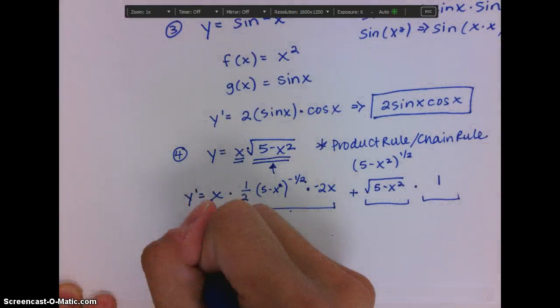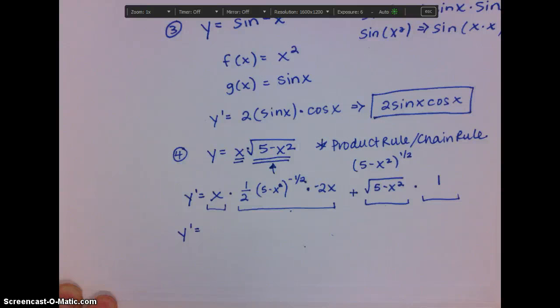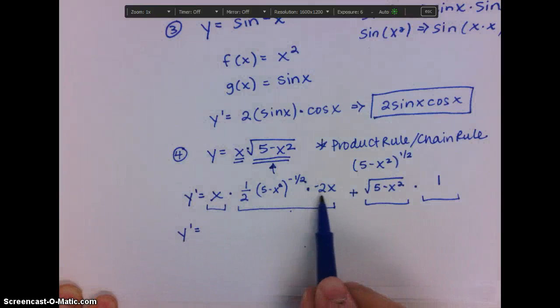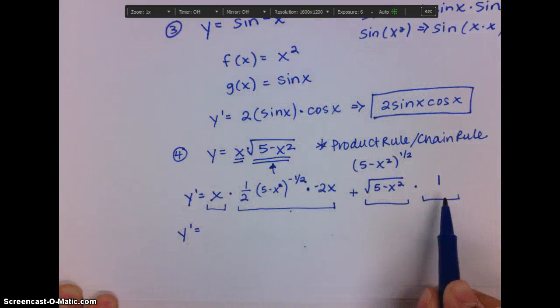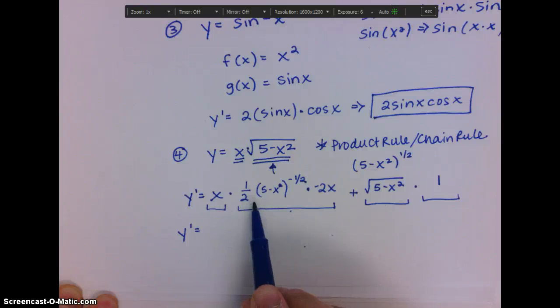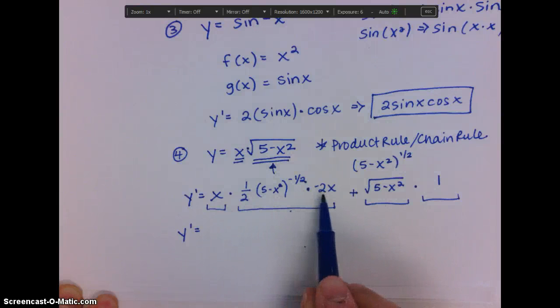It's just not clean enough. We've got to combine some things. So first of all, we've got two terms. This whole thing here is one term because everything's being multiplied. And then over here we have a second term. So in this term here, there's a couple things I can combine. 1/2 times negative 2, as well as this x here times that x there.